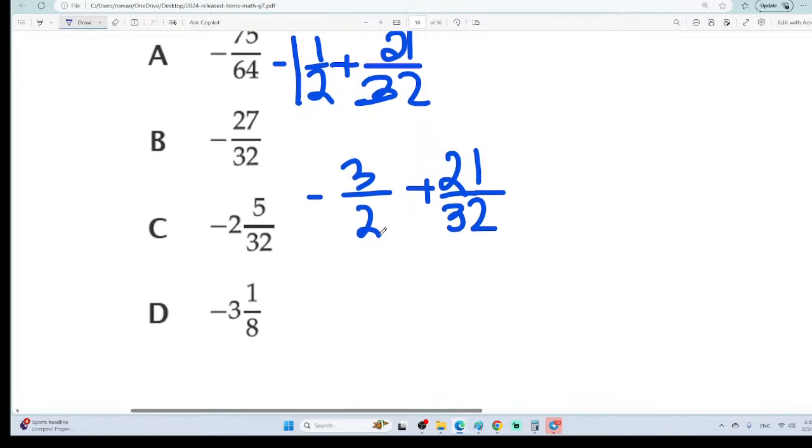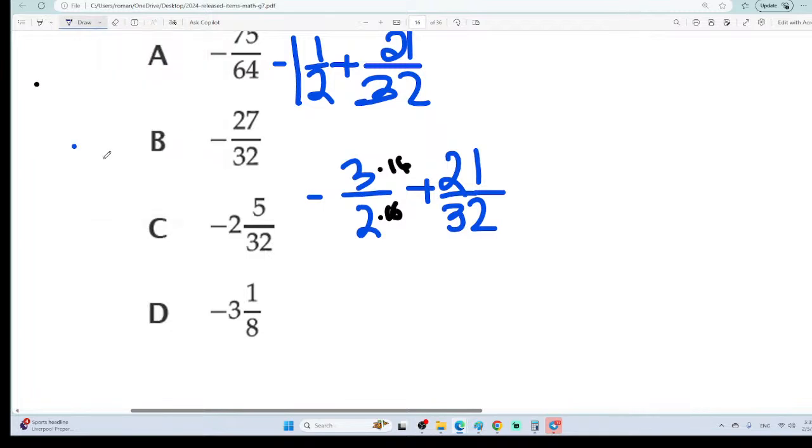Now, we're going to bring them to the common denominator. I'm going to make this 2 into a 32. How? By doing times 16.